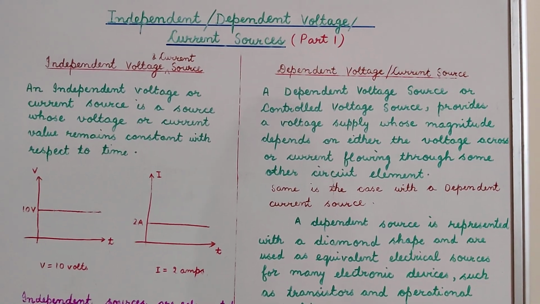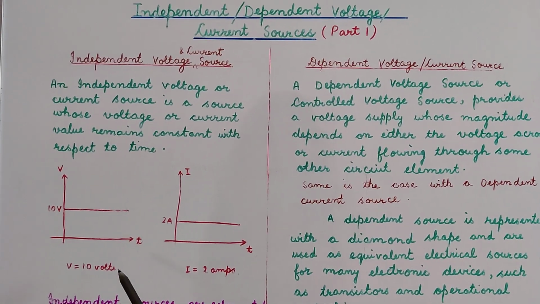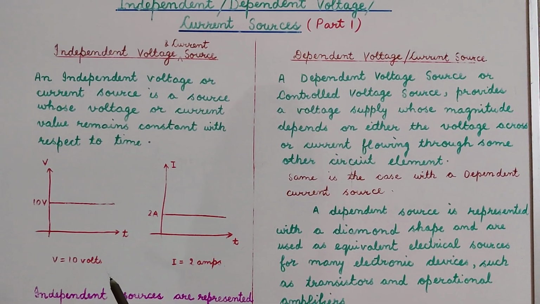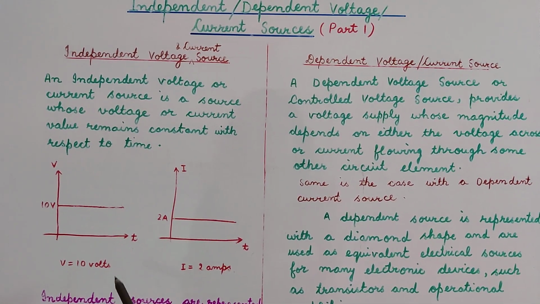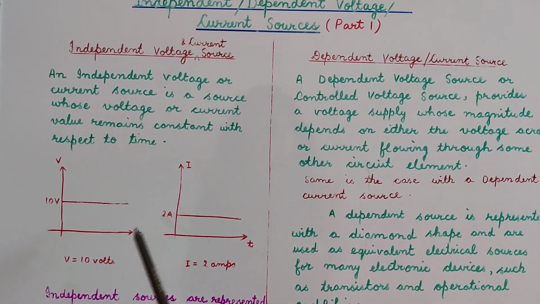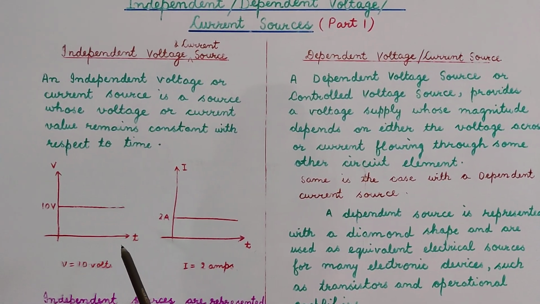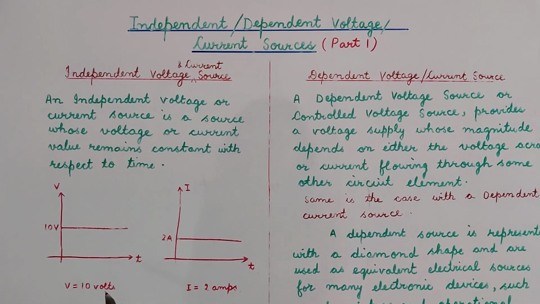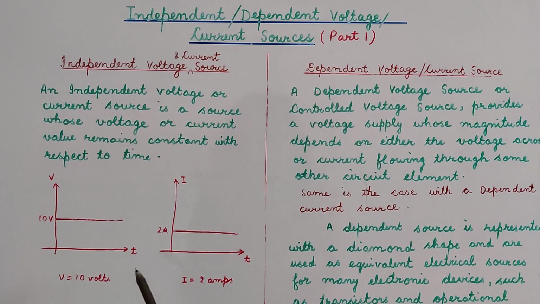Suppose we have a voltage source whose value is V equal to 10 volts. Now if we plot this voltage with respect to time, then we will get a straight line parallel to the x-axis. That is, the value of this voltage will remain 10 volts for all values of time t.